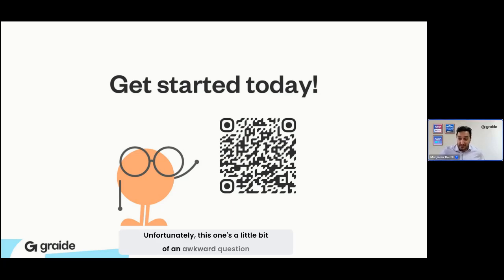Unfortunately, this one's a little bit of an awkward question to answer, but the short answer is it depends on the amount of content that you've selected for the annotation and the amount of content that sits in with regards to the rest of the answer, and the degree of difference between that.